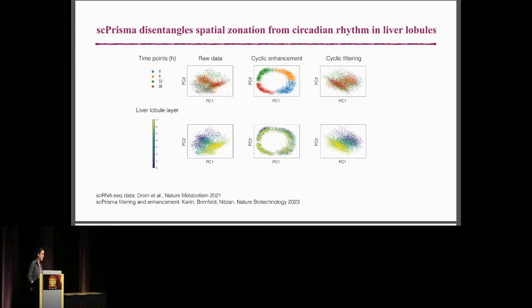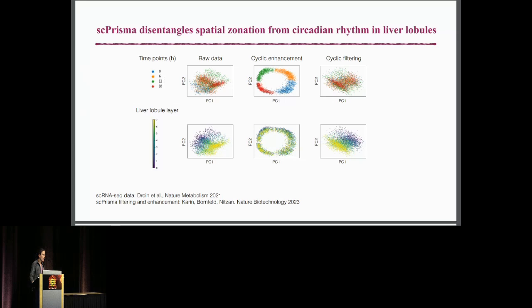In this case, as I told you before, we have two main signals in the data, one corresponding to a temporal trajectory that's cyclic because it corresponds to the circadian rhythm. So if we take all the cells together and just spectrally enhance the cyclic signal in the data, what you can see in the middle column is that we can retrieve a signal that corresponds to the temporal progression of the cell, and also indirectly filter out the spatial signal, which is what you see on the bottom.